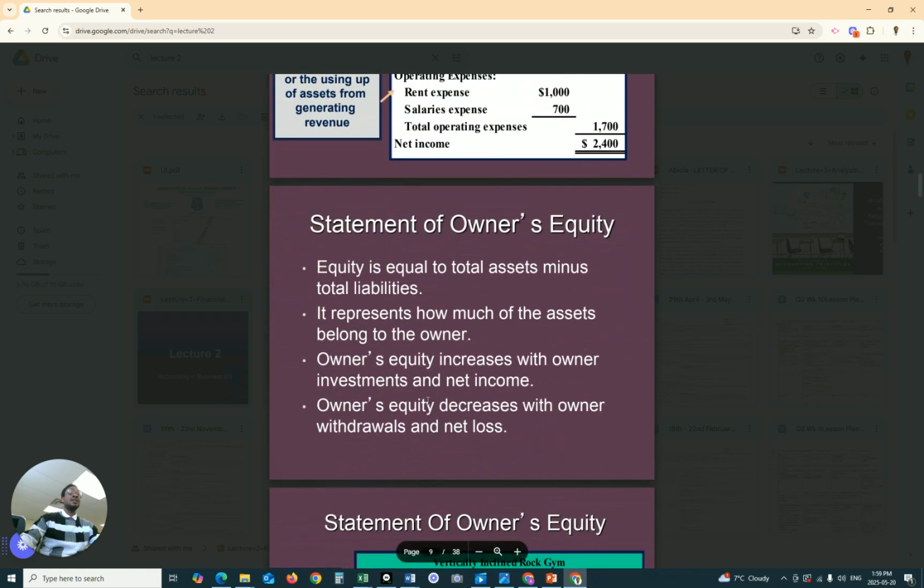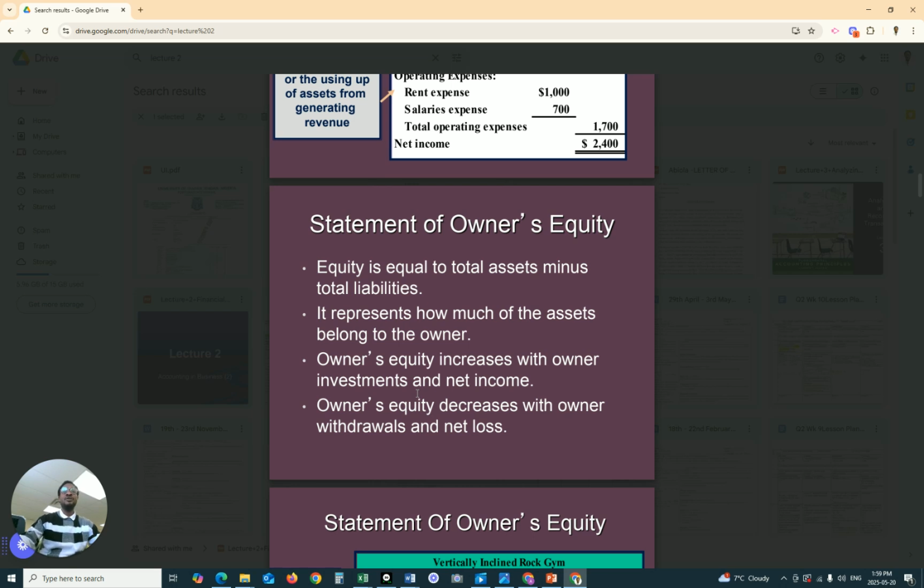Now, the second financial statement is the statement of changes in equity. The first one, as has been explained, is the income statement, then the statement of changes in equity. Equity is equal to total assets minus total liabilities. Equity is the owner's investment.